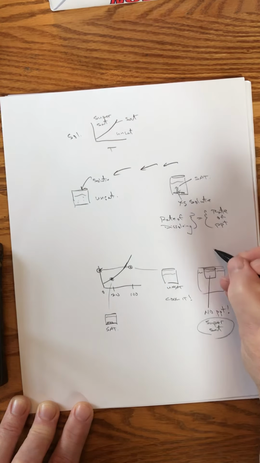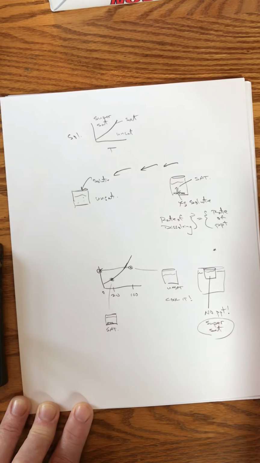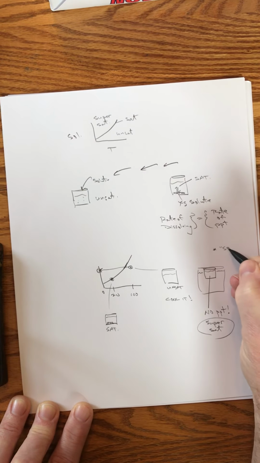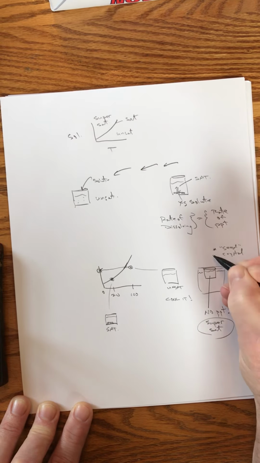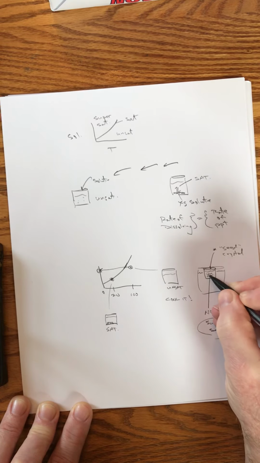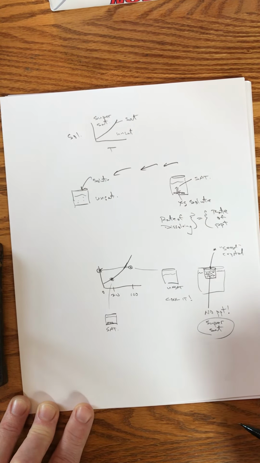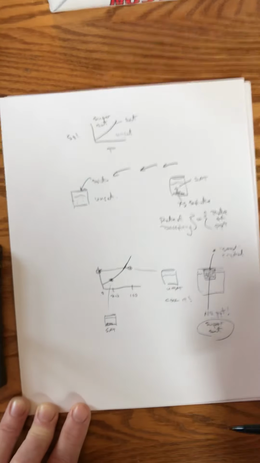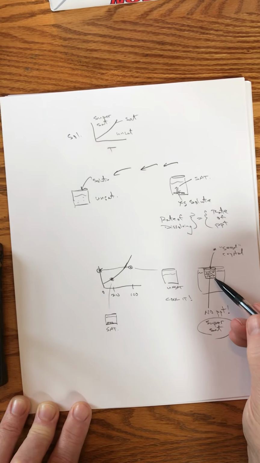The minute you add one small crystal to quote-unquote seed the precipitation process, all of the excess will come out, and you'll see this crystal start to form, and it looks like it's freezing. It's actually exothermic. It actually releases heat, for the solutes we use, but it looks like it's freezing. It's not.